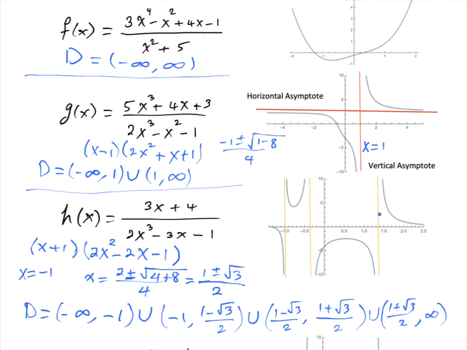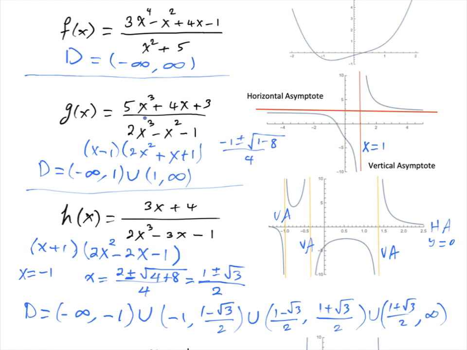So let me label these. This is a vertical asymptote, this is a vertical asymptote, this is a vertical asymptote, and the horizontal asymptote is y equal 0, the x-axis. So when x gets large, this quantity would be close to 0, whether x is a large positive number or a large negative number.